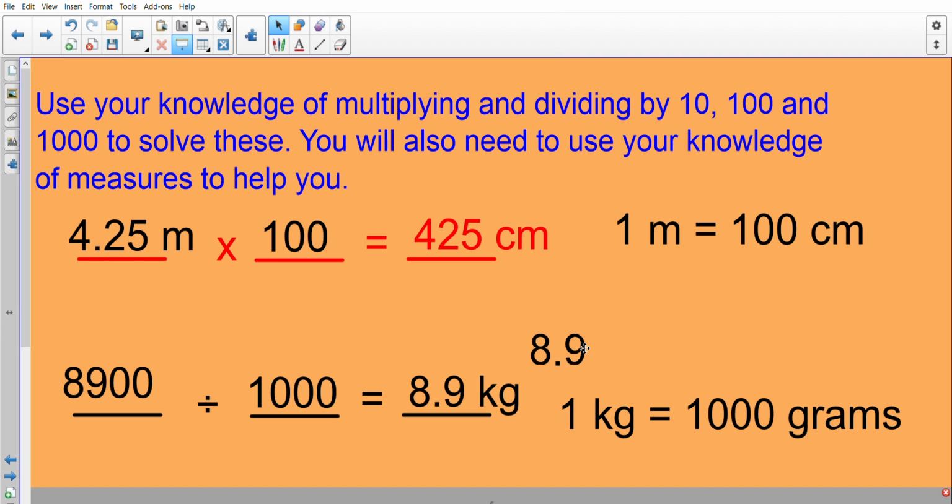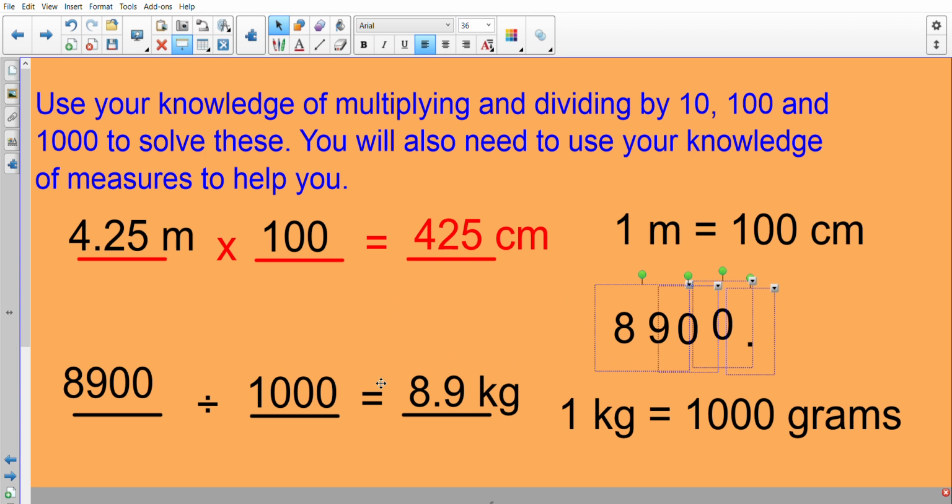So 8.9 times 1,000, so 1, 2, 3 places. We've got 2 missing zeros in there, haven't we? There we go. 8,900. We were right, weren't we? It's always good to check. So 8,900 grams divided by 1,000 equals 8.9 kilograms.